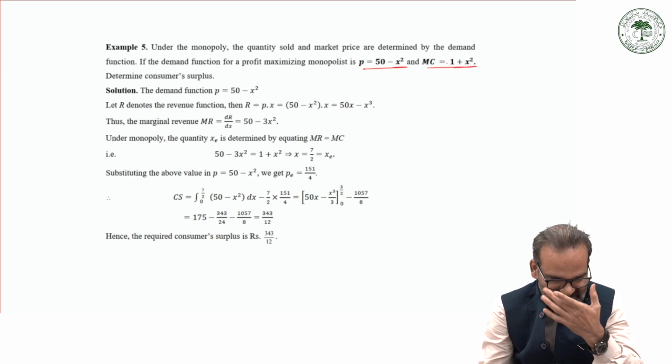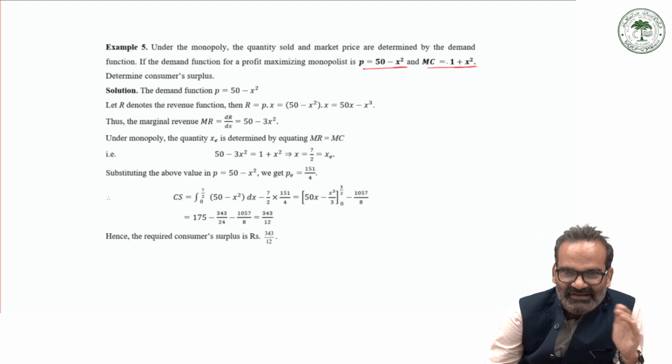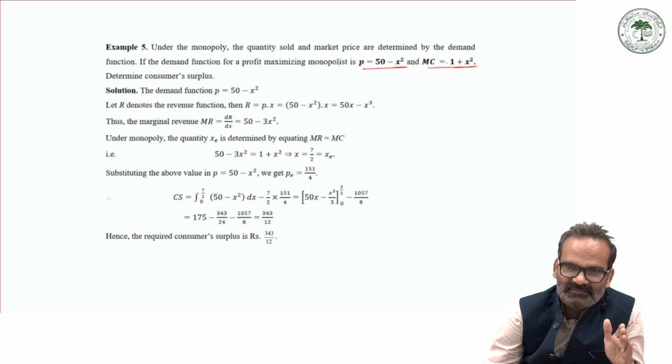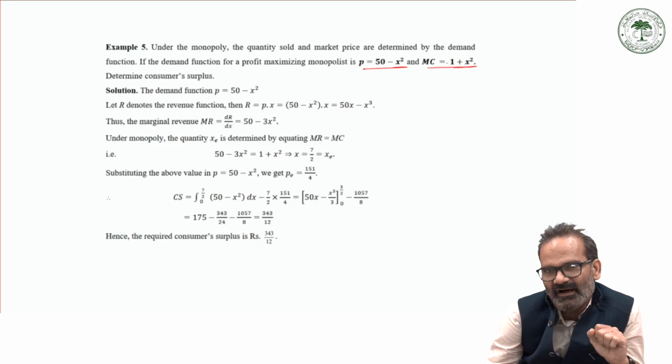Determine the consumer surplus. I have just discussed we can determine the consumer surplus under monopoly, means we are interested in maximizing the profit, and profit can be maximized in many ways. Among those many ways, the simplest way out is what?